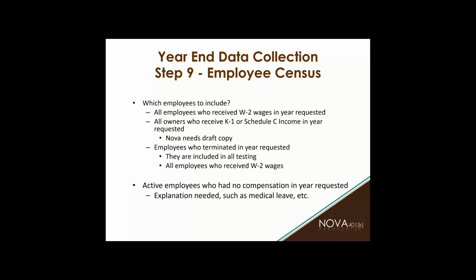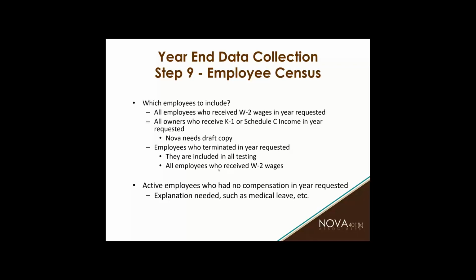And we do not need Schedule A S corporation K-1. We only need partnership K-1s. Okay. And it also includes any employees who terminated in the year. So if a terminated participant received any kind of W-2 wages for the year, they are included in the testing, and we do need their information.